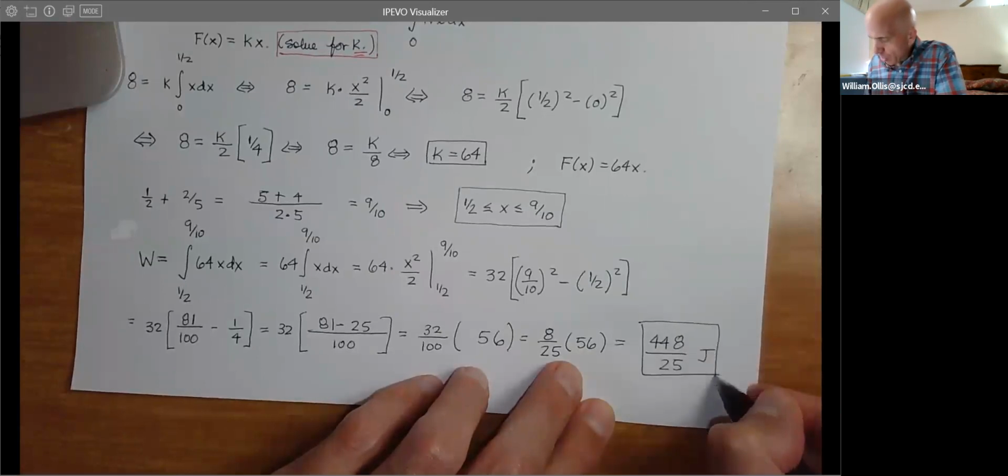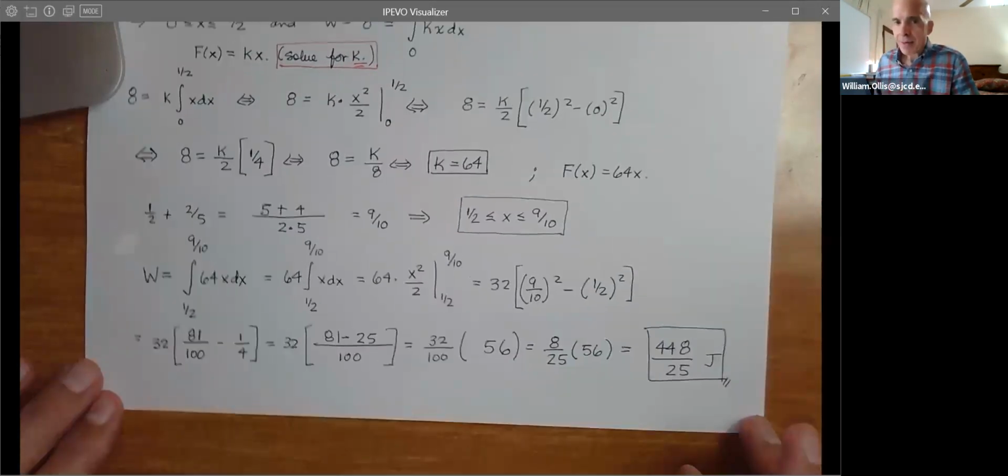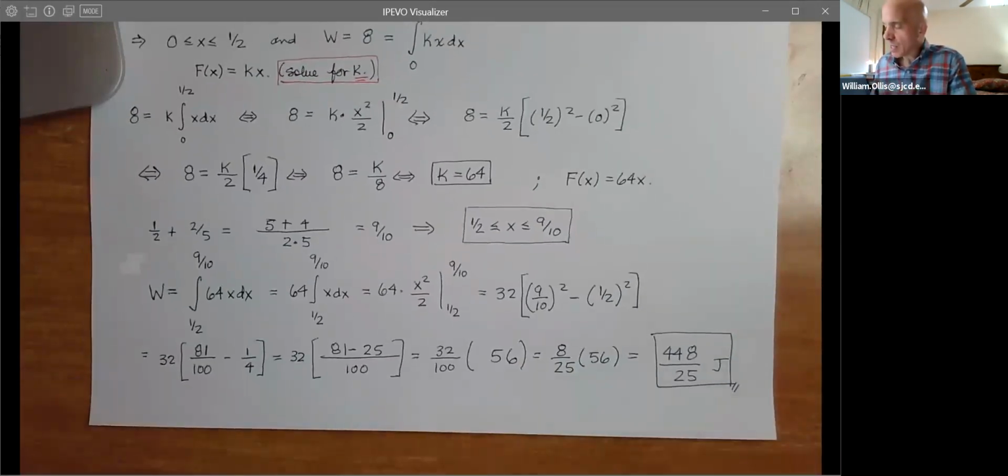Those are the units we started with. Again, WebAssign is going to put the units by the problem, so the only thing you're worried about computing is the number. In the physics class, your professor holds you to units and things.